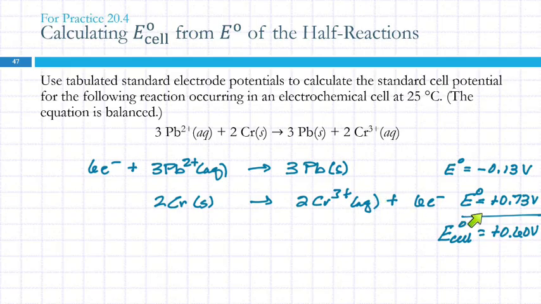The one that's backwards, you change the sign. You add them together. We can find the cell potential without thinking about what's oxidized, what's reduced, what's the cathode, what's the anode. When we subtract, was it cathode minus anode or anode minus cathode? Who remembers? I don't know. Okay? So this is practical. Any questions?